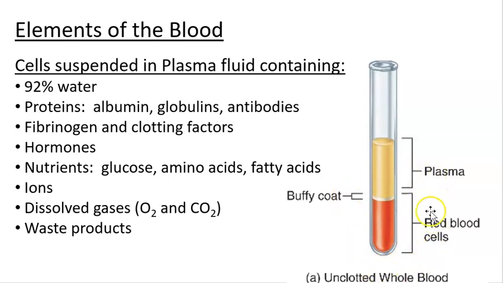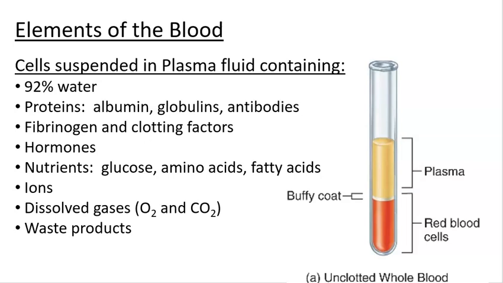You'll have your packed red blood cells down here, probably about 45% of the total volume of your blood. And then you will have your plasma fluid up here on top that is described as sort of that color of hay or straw that's out there. And if you look in this plasma fluid, it's about 55% of the total volume, unless you have some sort of problem going on with your red blood cells, too many or too few.